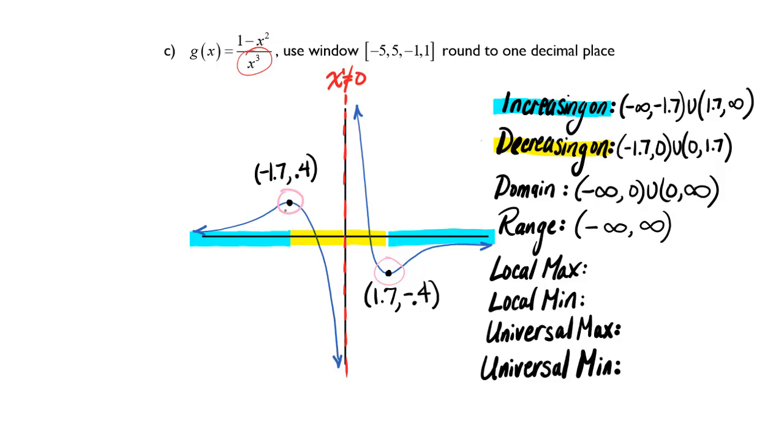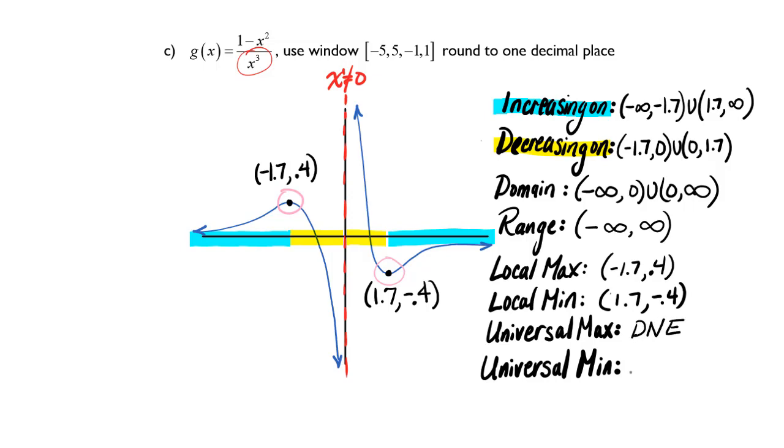Your local maximum is at the point negative 1.7, 0.4. Your local minimum is at the point 1.7, negative 0.4. Your universal maximum does not exist.